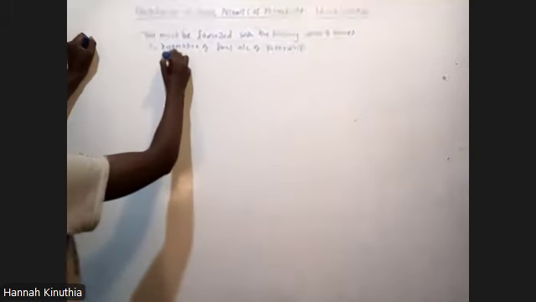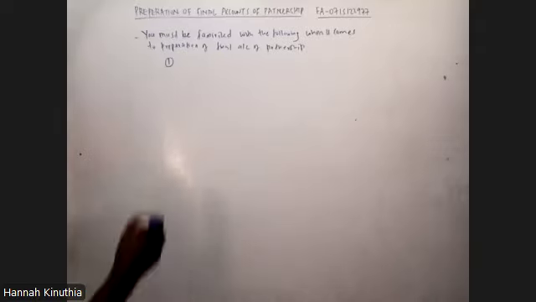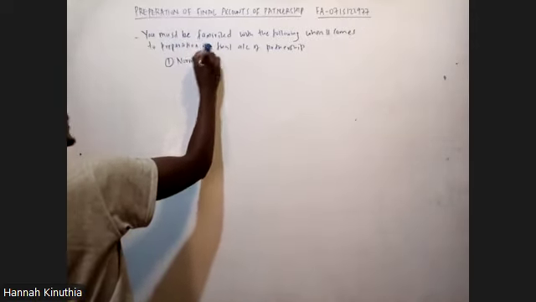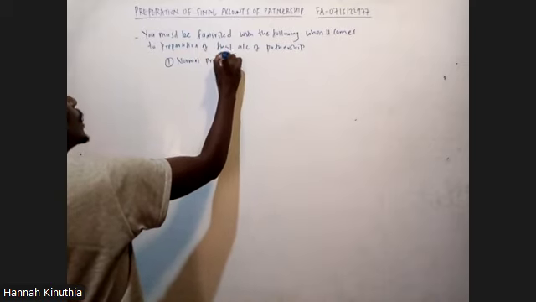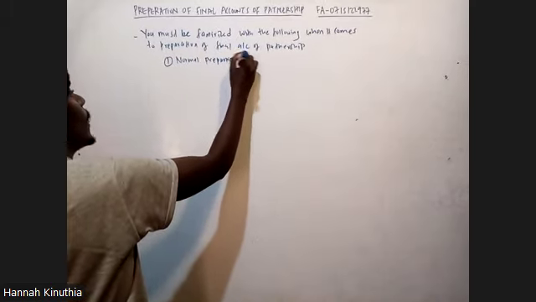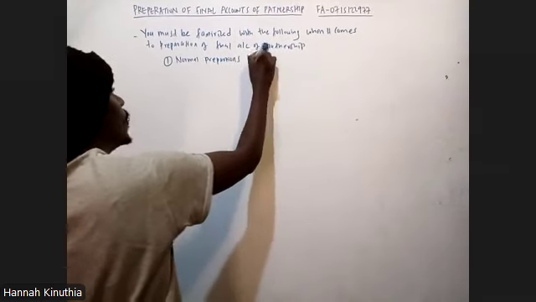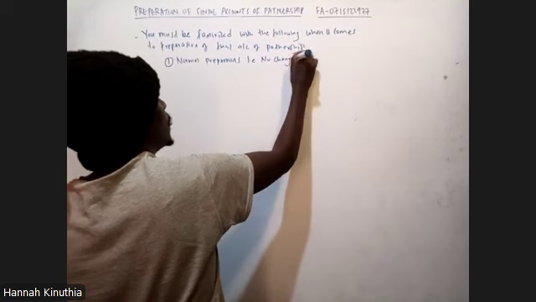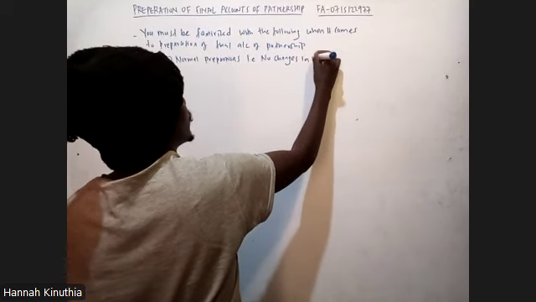So these are the items that you need to know. Number one, normal preparation, i.e., no changes in partnership. When we have no changes in partnership.